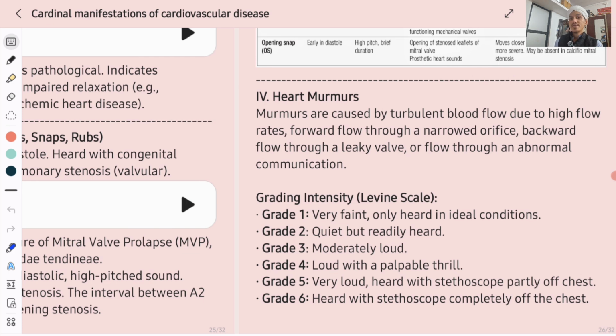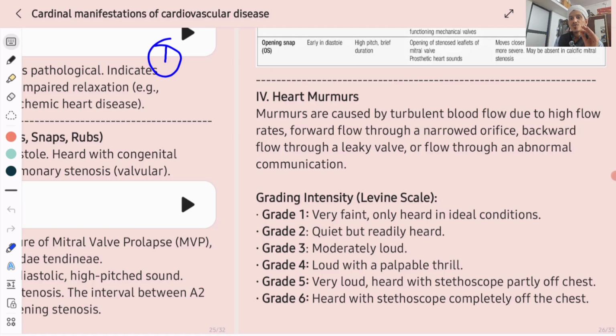One more basic important point. During systole, there is closure of the atrioventricular valves and opening of the pulmonary and aortic valves.